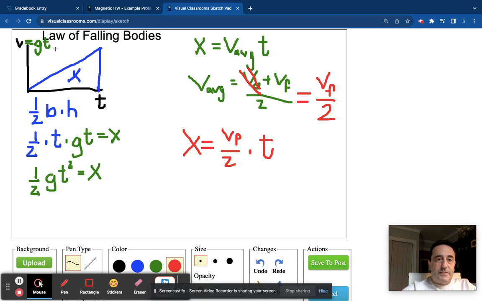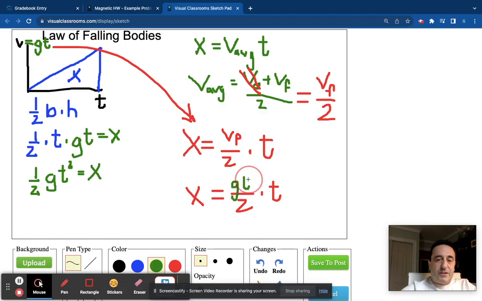Remember that final velocity, if we look at this, that's just gt, so x is equal to that 1/2 term times t. And again, we've got gt. So lo and behold, this is an algebraic derivation instead of a geometric one. We've got 1/2 gt squared.